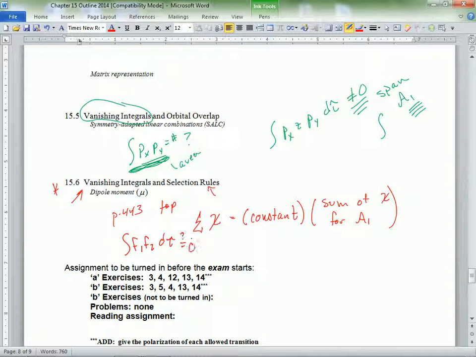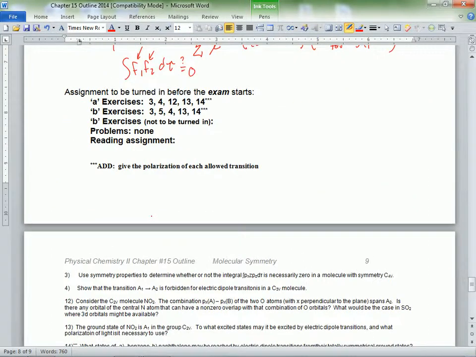Does it equal 0 or not? So page 443 top, there's 3 steps. And they say, first, decide the symmetry species of the individual functions f1 and f2 by reference to the character table. So you look at the character table and see which irreducible representation each one of these functions follows, right?